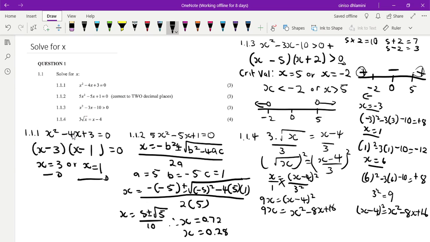When you transpose 9x, 0 equals x squared minus 8x minus 9x plus 16, which you then factorize. The factors of x squared are x and x. The factors of 16 are 8 times 2, which gives you 16, right? But remember, let me write it correctly here. You have 0 equals x squared minus 17x plus 16, right?